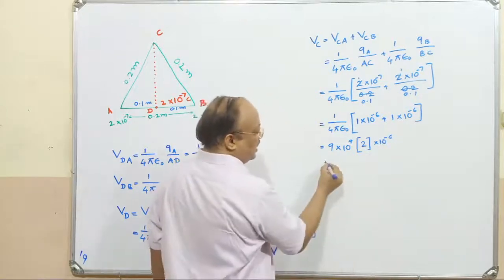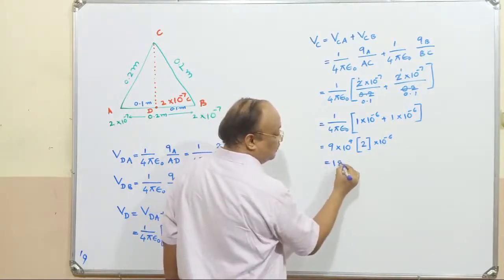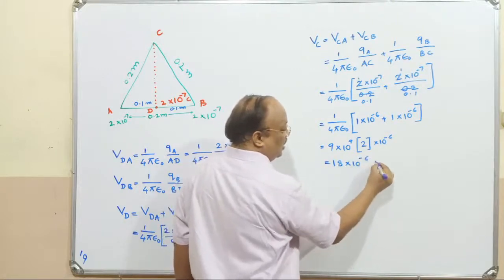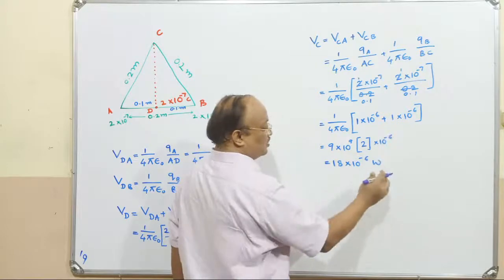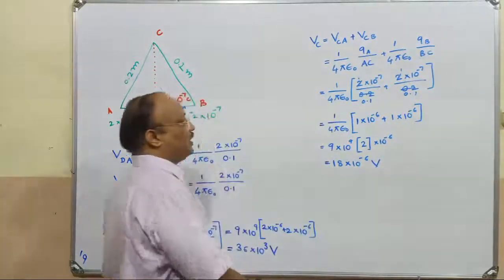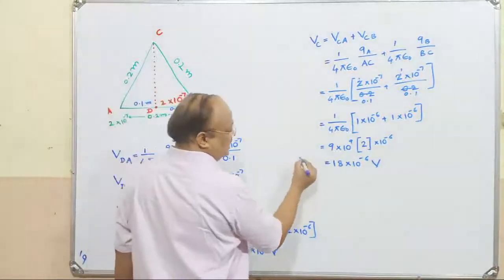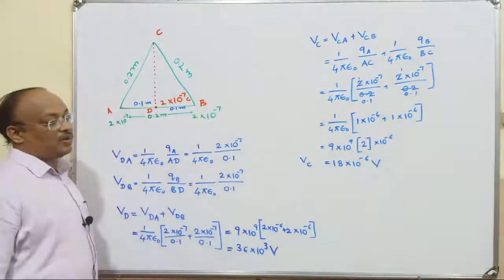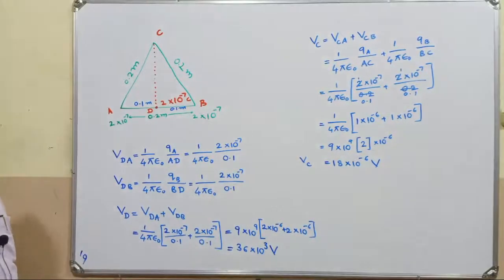In essence, it is 18 into 10 to the power of minus 6 volt. So VC is 18 into 10 to the power of minus 6.